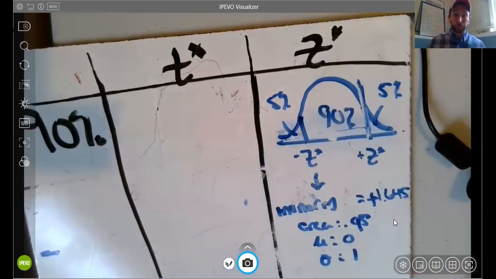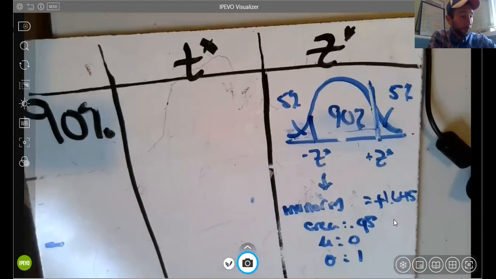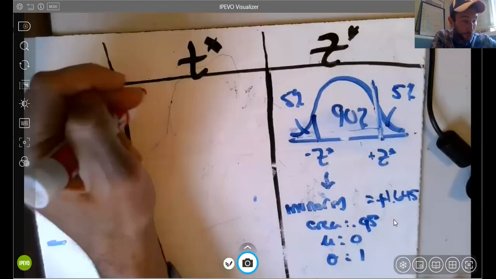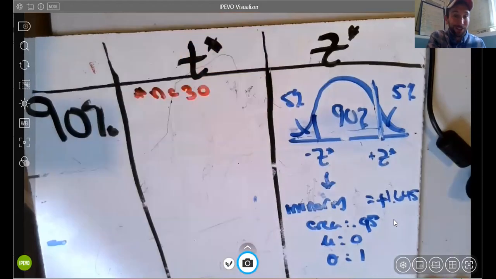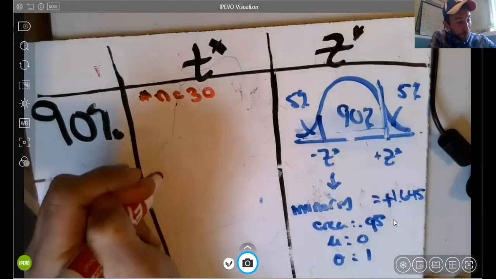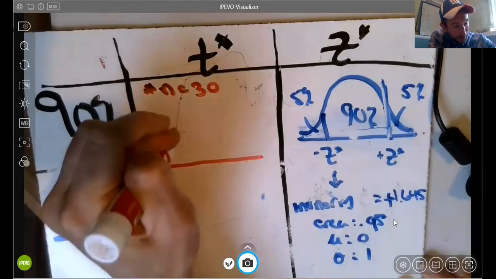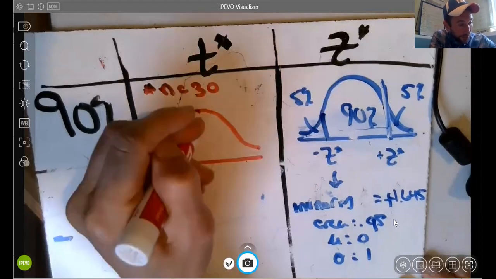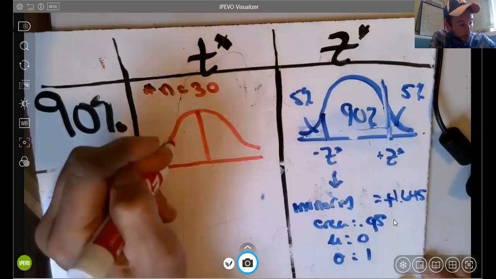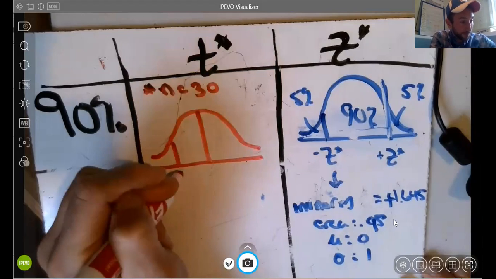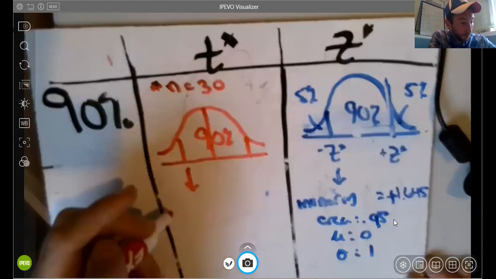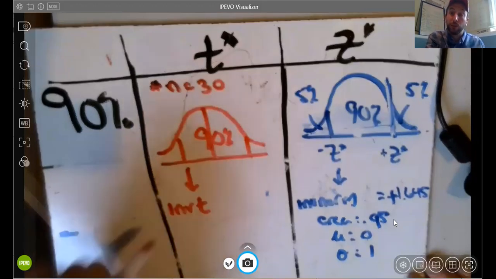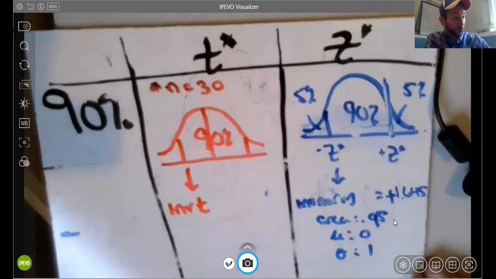So for T star, not all the degrees of freedom are listed in the table. And remember, we're assuming n equals 30 just because I said so, because we need an n. Same idea, a little bit fatter tails. This is our T distribution. We want 90%, so we can do the same thing, but now, instead of inverse norm, we're going to use inverse T because we're talking T distribution.